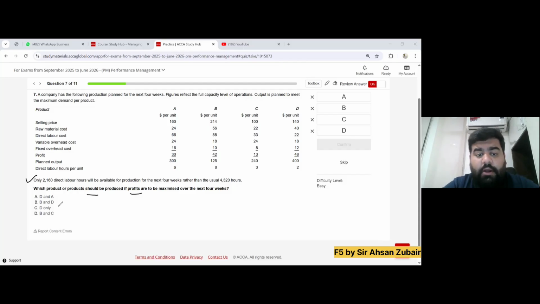Let us calculate according to ranking. So we have to calculate contribution per limiting factor. Contribution is selling price minus all variable costs. So variable costs are these three. First we'll calculate the contributions of the units.